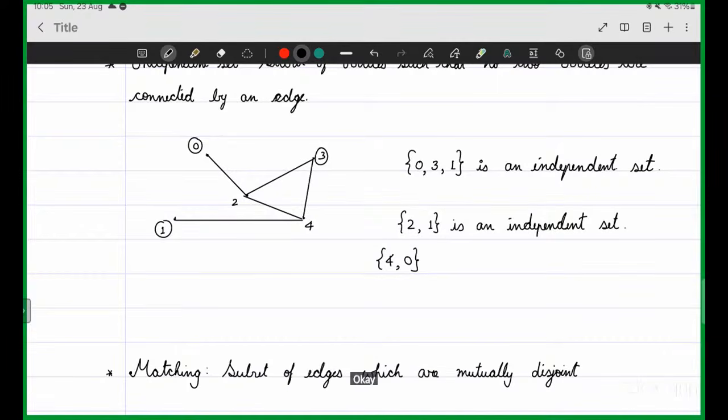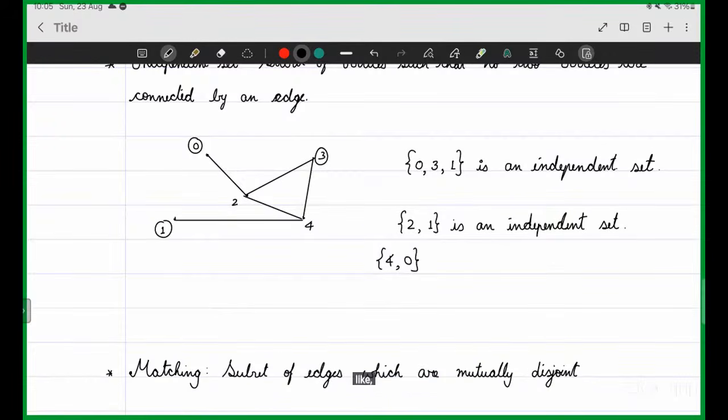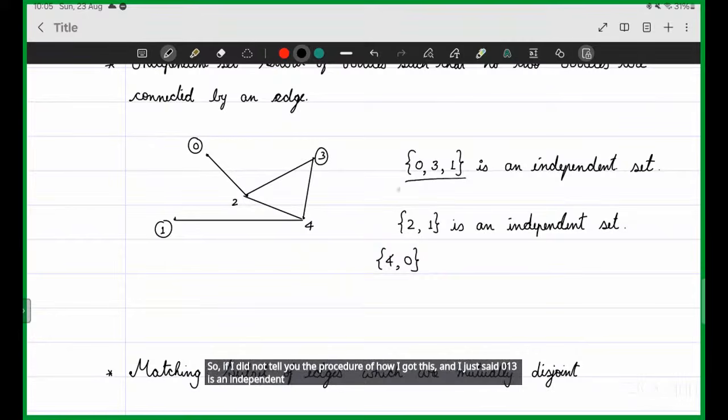Sir, are we writing this set like first we wrote 0, so the 3 and 1, we wrote these elements with respect to 0 or overall independently? So if I did not tell you the procedure of how I got this and I just said 0, 1, 3 is an independent set, there is a way to verify it, right?